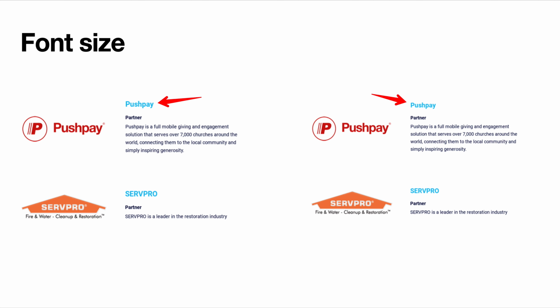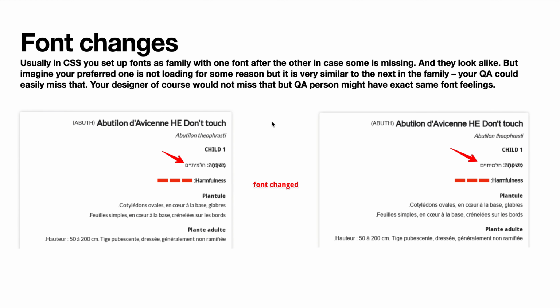And the trickiest one that we noticed is if the font changes itself. In case you are applying some styles to the fonts, you usually do that as a family. So you have your preference choice 1, 2, 3, and maybe sometimes 4. And if the first one is not loading for some reason, you might miss that, especially if it's applied just to some parts of the site. In this case, you can see that the font changed just for the specific language.